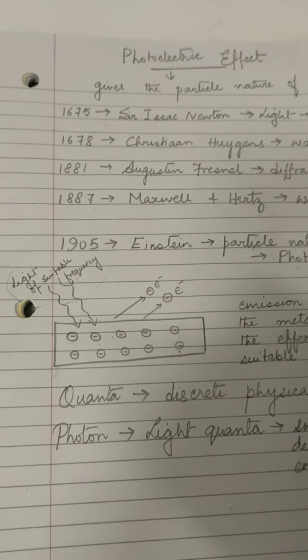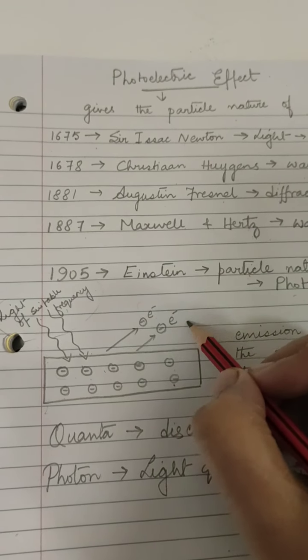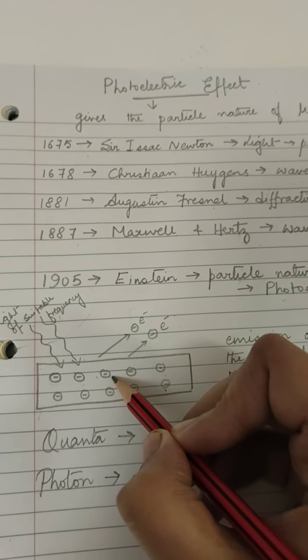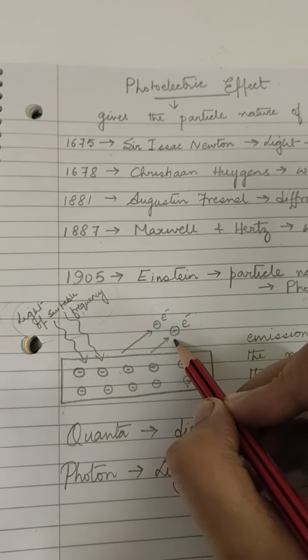This phenomenon is called photoelectric effect, and the electrons ejected by the photons, by the light, are called photoelectrons. We will come to the term photon.